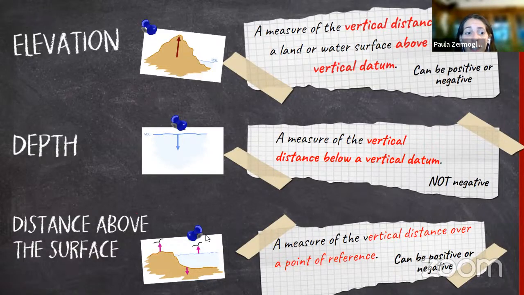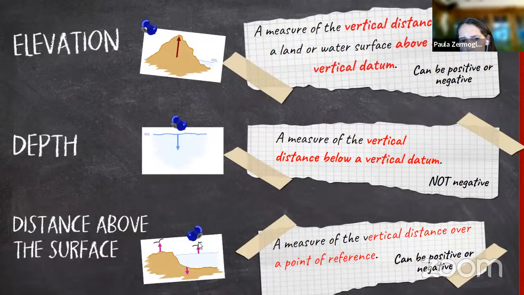And then we have the distance above the surface, which is called this way, but it can actually be above or below the surface, which is a measure of the vertical distance over a point of reference. And this point of reference can vary. We can be measuring here, for example, this little bird. Our reference surface is the surface of the water. That is the change between water and air, that interface.